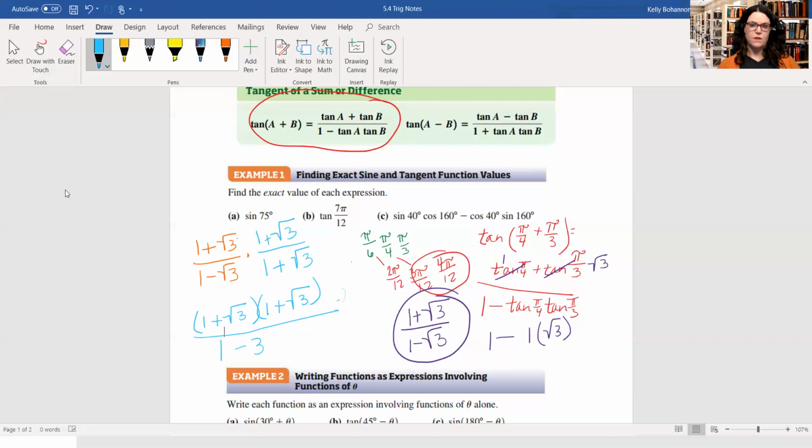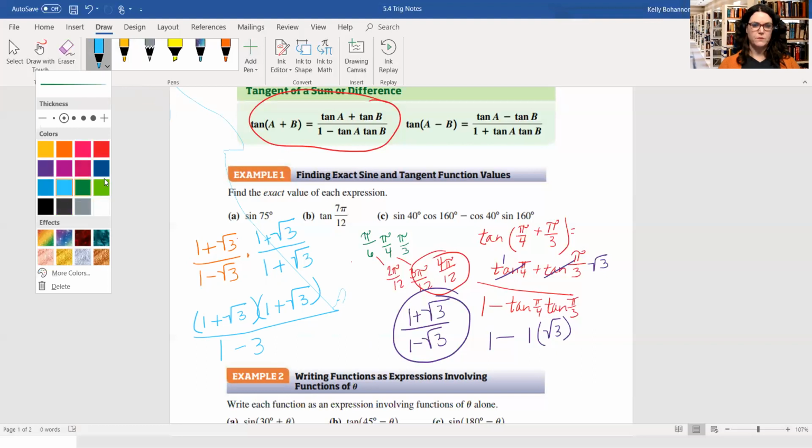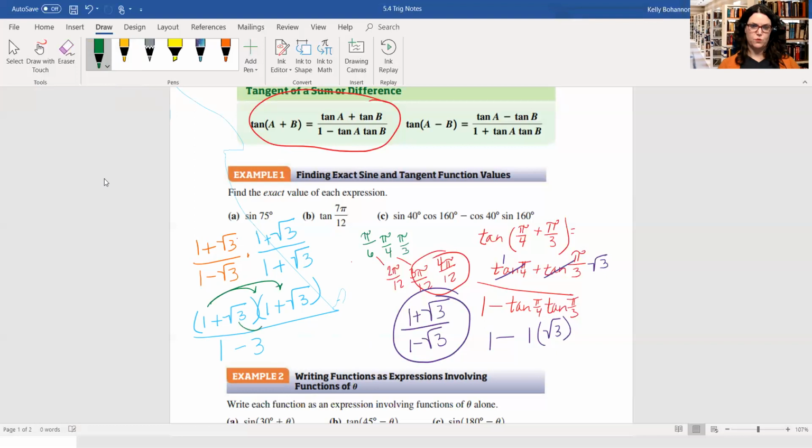So the whole thing ends up being, so now I'm going to FOIL. I end up getting 1 plus 2 square root 3 plus 3 over negative 2.